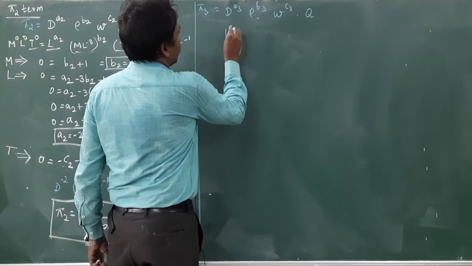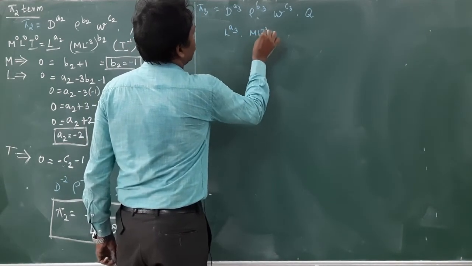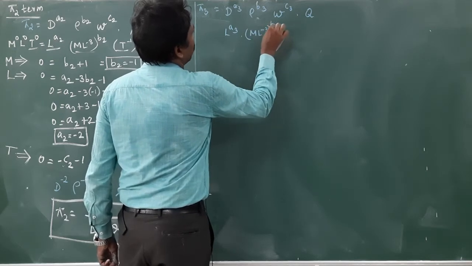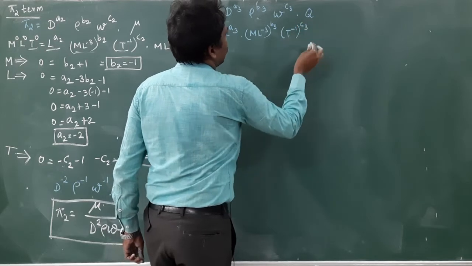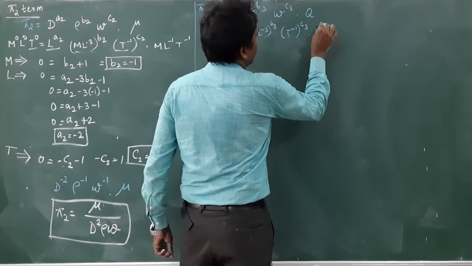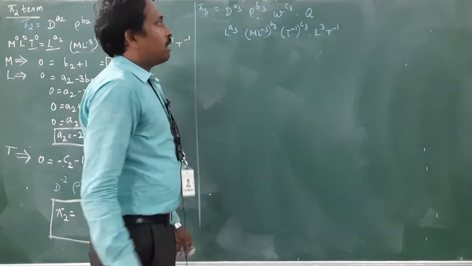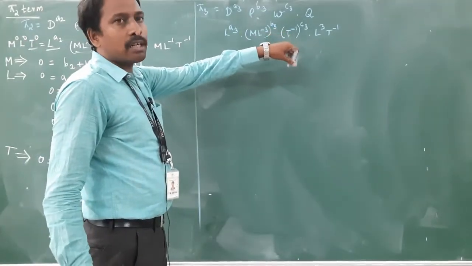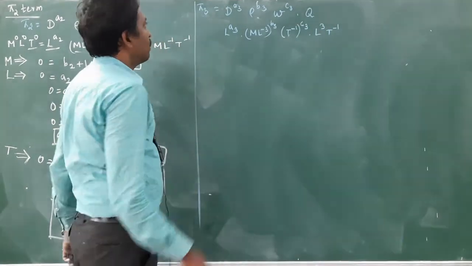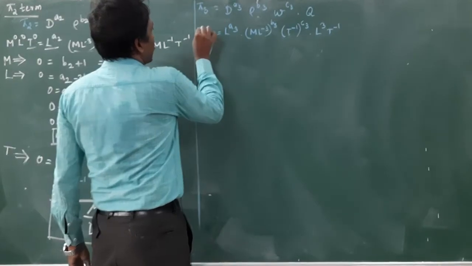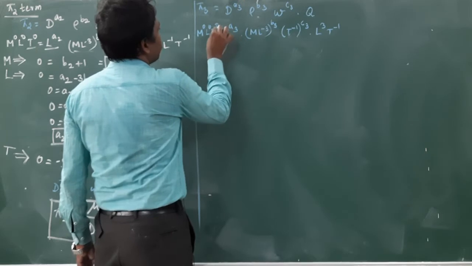D is L power A3, rho is ML power minus 3 to the power of B3, omega is T power minus 1 to the power of C3, and Q is L power 3 T power minus 1. The unit for discharge is meter cube per second, for meters, L, and per second is T power minus 1. Here the value is M power 0, L power 0 and T power 0.